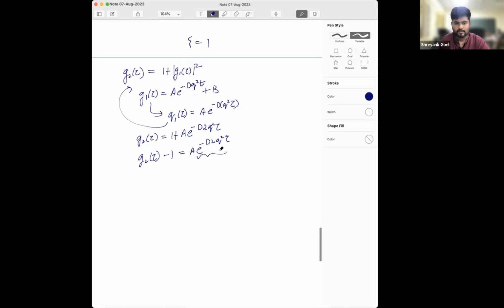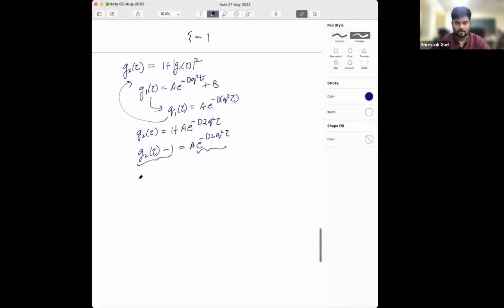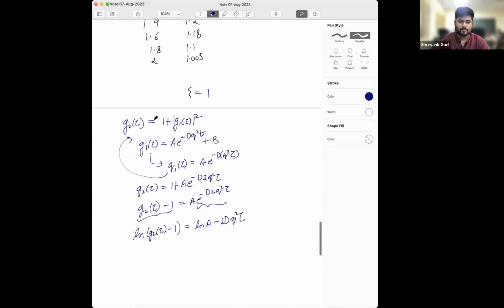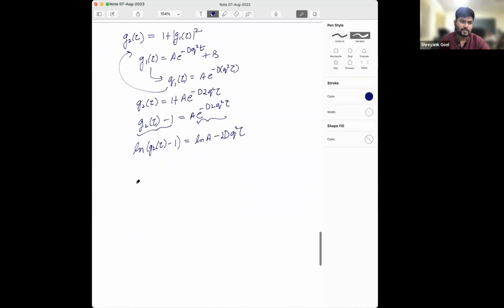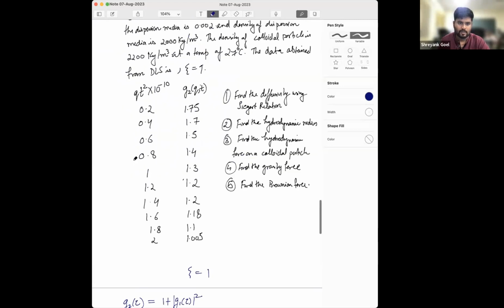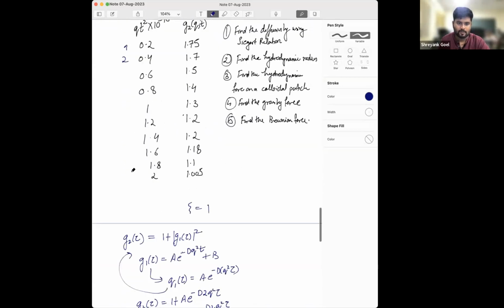So we have this and we have this. So we can take ln. So ln of G2 tau minus 1 equals ln a minus 2 D q squared tau. Okay. So we have a set of values. If you are using Excel or simply, let's say this is the first value, this is the second value.